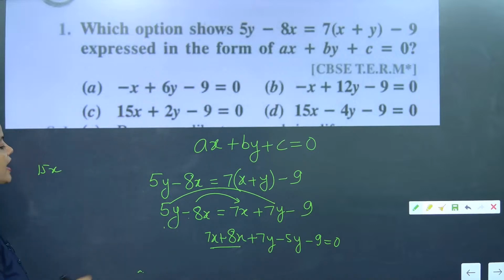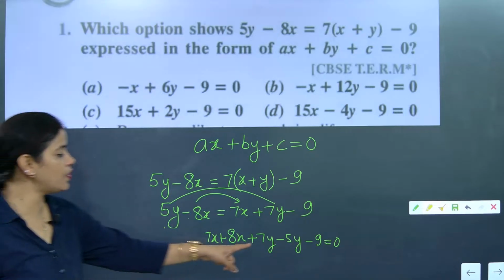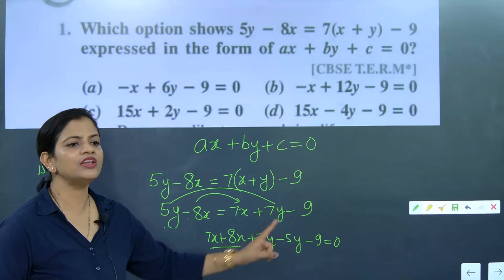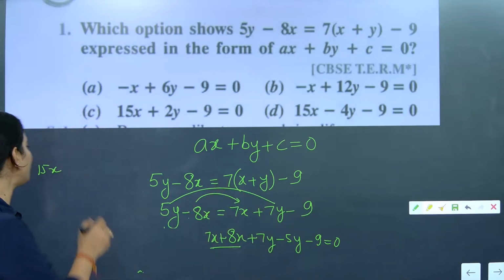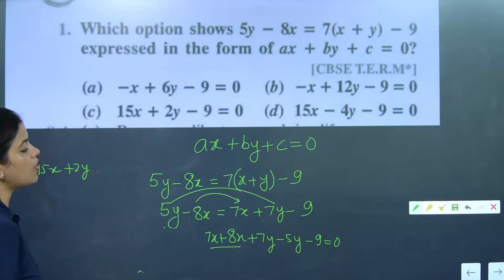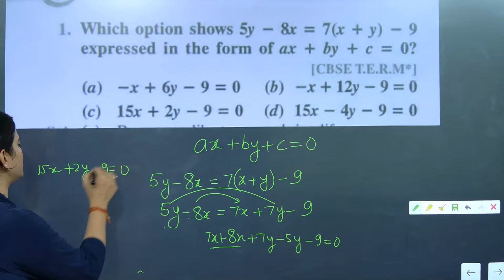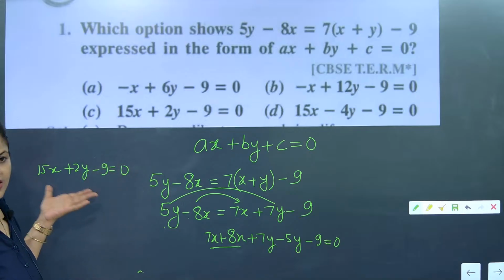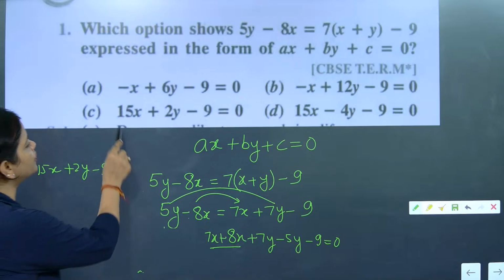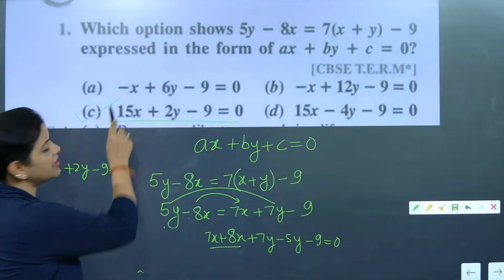Understood? After that, 7y minus 5y. Which one is a bigger number? 7 and 5 is taken away, so how much is left? Plus 2y. Now what is left? Minus 9, equal to 0. Can we take anything common? Nothing we can take common. Which option is it fitting? C. So our answer is C.